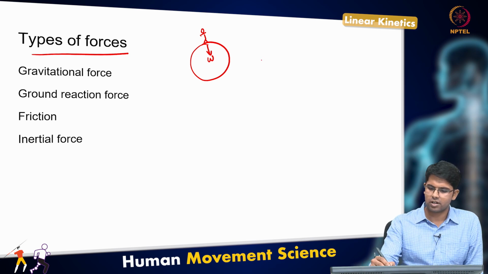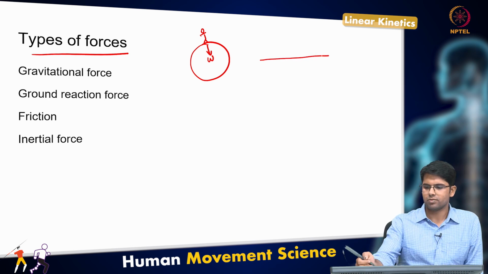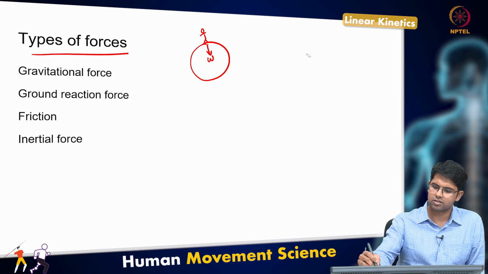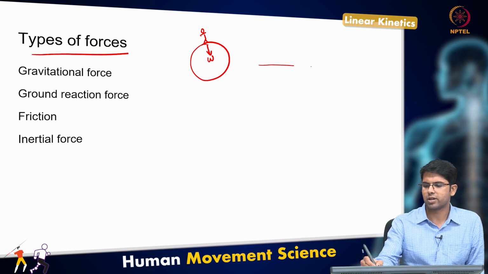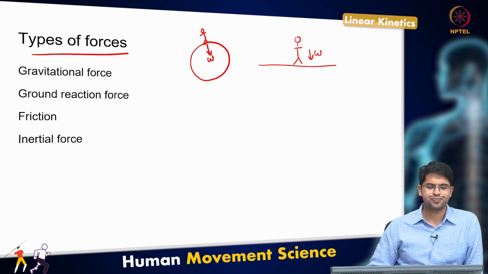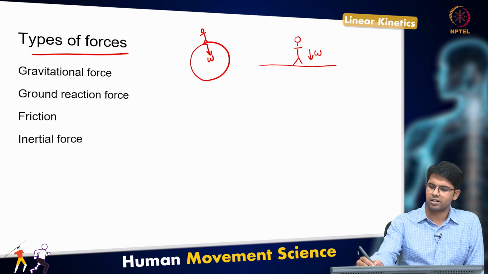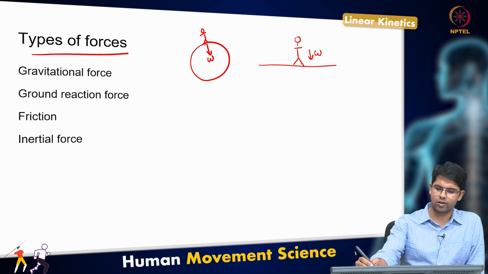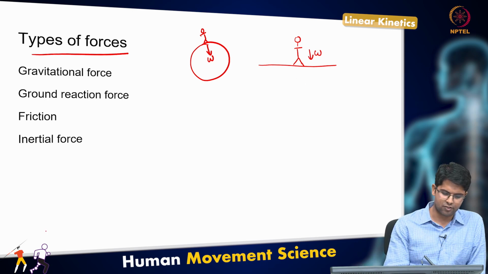Of course, we typically assume the surface to be horizontal, which is why we would typically have the weight going down vertically. Now, because there is weight, there is a reaction force like we looked at previously coming from the ground.